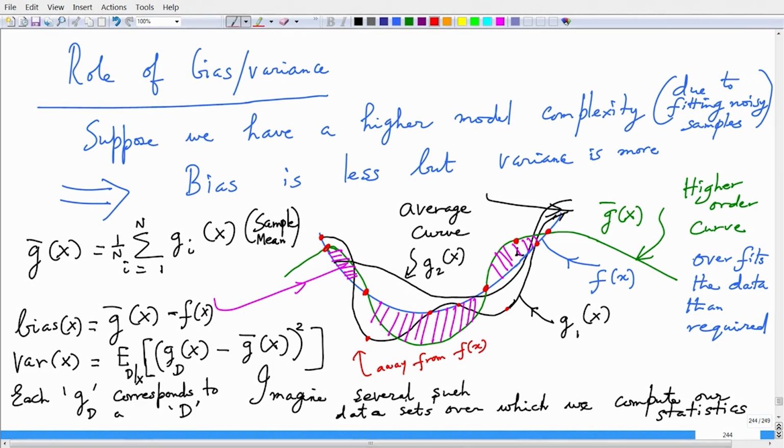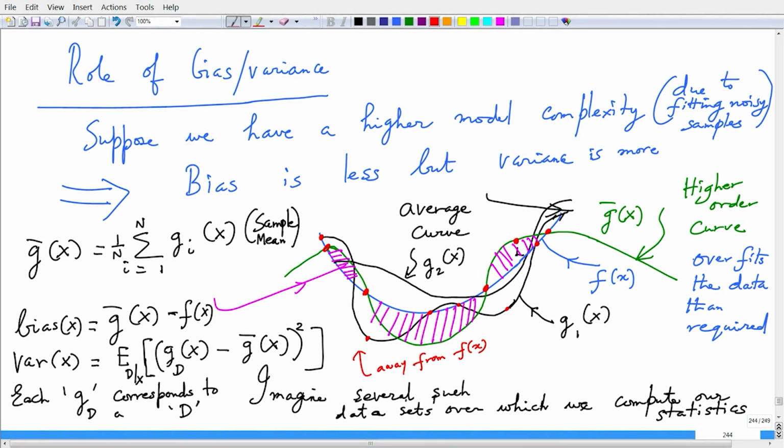Similarly, I can choose another set of sample data points, let me call that D2, and I can fit a curve G2 that can go through these points, and so on and so forth.